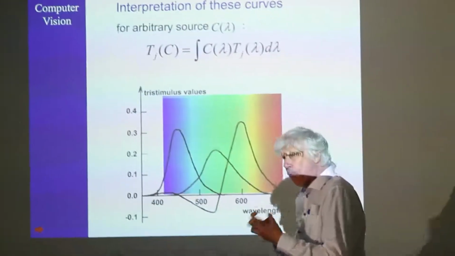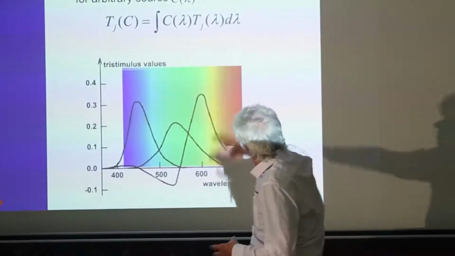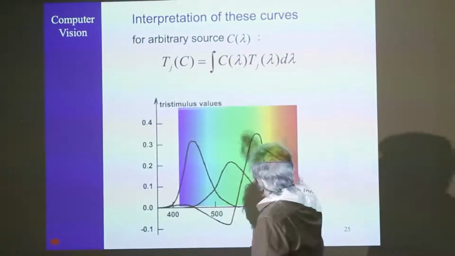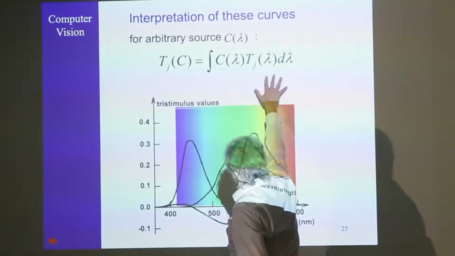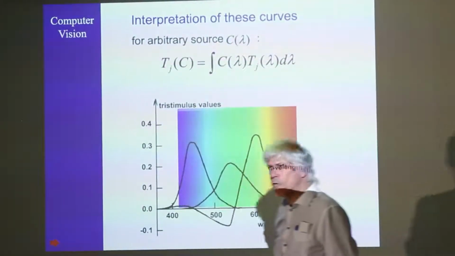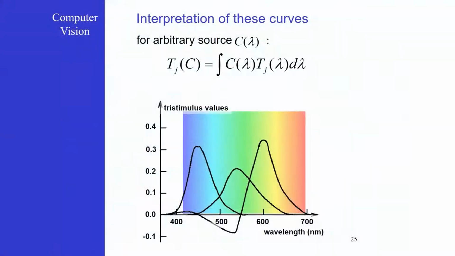So again, it's really a combination trick. We split up according to the wavelength, for every wavelength we see what the spectral matching curves would be, and then we add up and get the two stimulus coordinates of the light source C of lambda. From that, we can calculate the three stimulus values for just any light source C of lambda, based on the spectral matching curves that we derived.